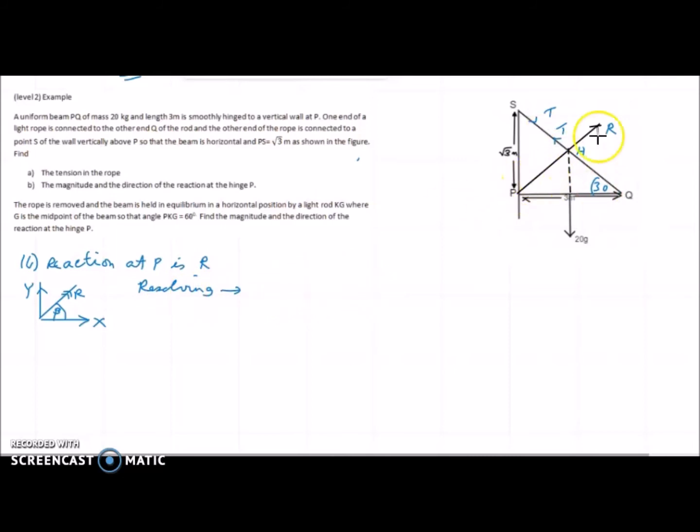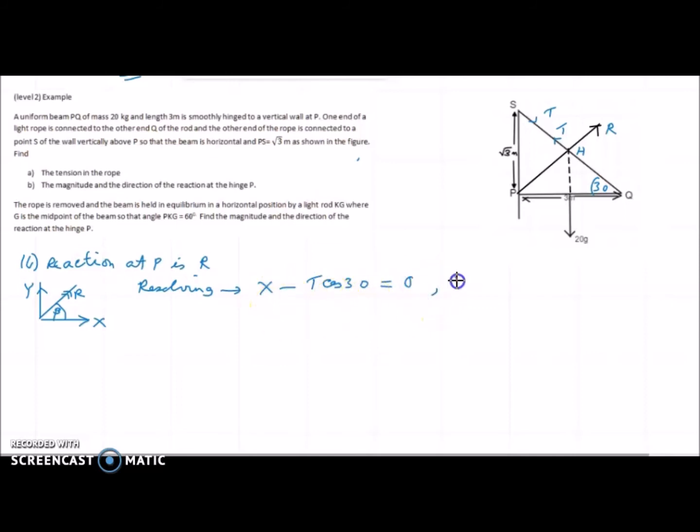Now, as this is in equilibrium, the algebraic sum of the components of the forces in the horizontal direction equals 0. What is the component of this force along this direction? That is X. Then T acts in this way. When I resolve this in this direction, it is T cos 30, minus T cos 30 in the other direction. X minus T cos 30 equals 0.